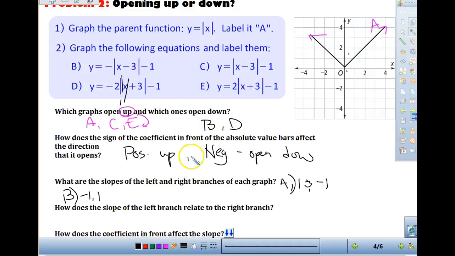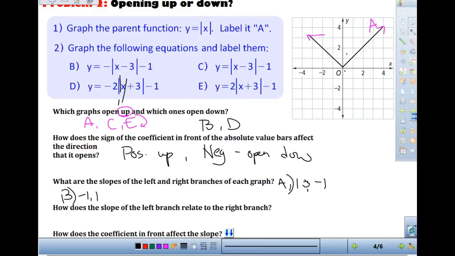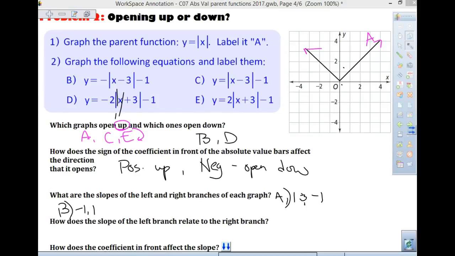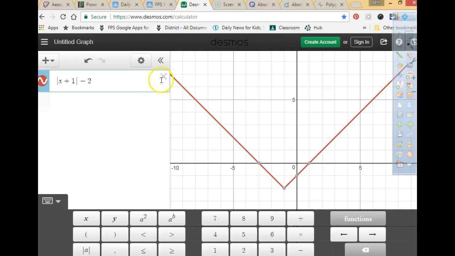What I want you to do right now on the Desmos calculator is put in these equations. Go back and put the original one, y equals absolute value of x. That's your parent one.